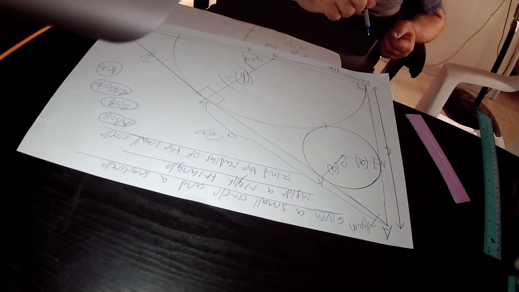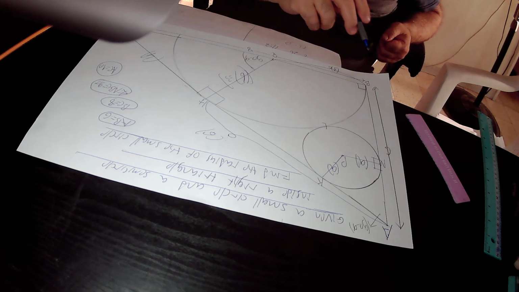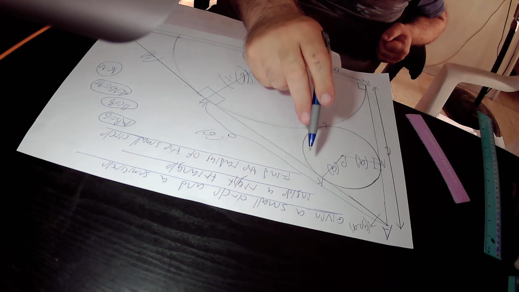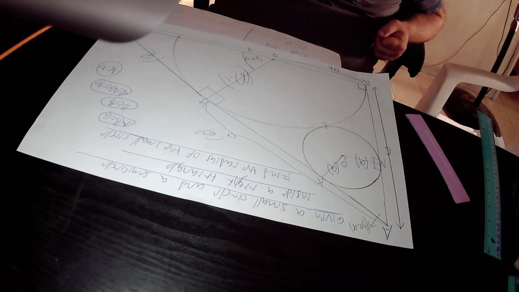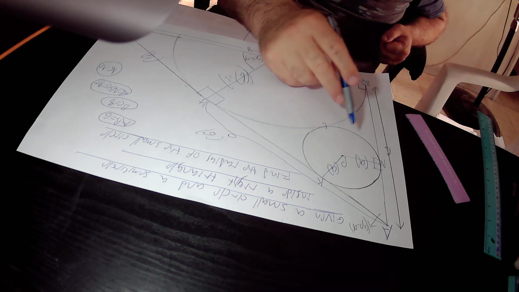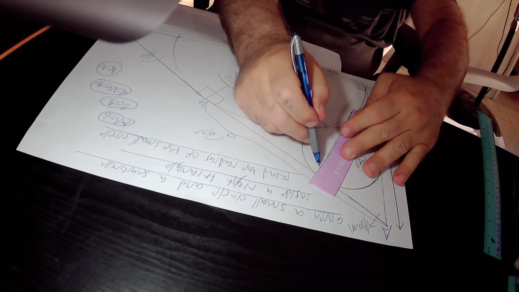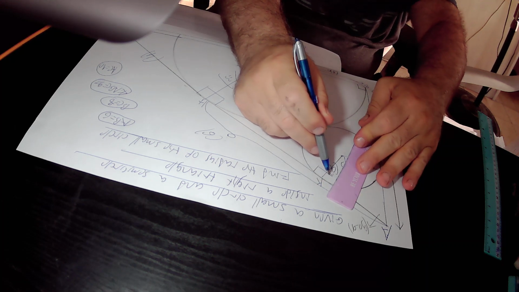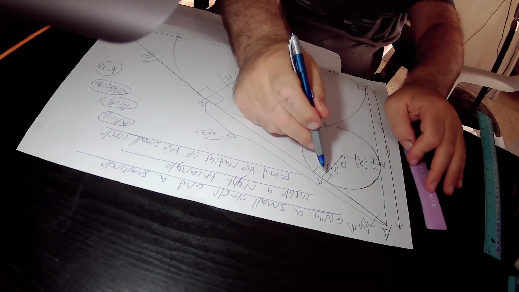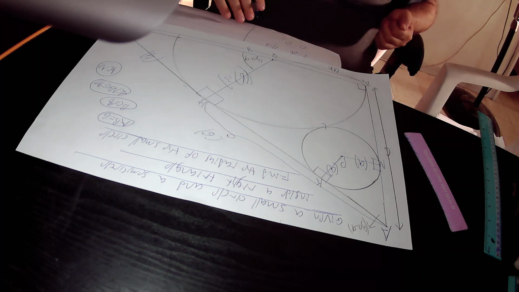Whenever you have a radius drawn to the point of tangency, then tangent AC will be perpendicular to the radius KP. If AC is perpendicular to KP, it means that this angle equals 90 degrees, and this angle also equals 90 degrees according to the same rule, rule 1.